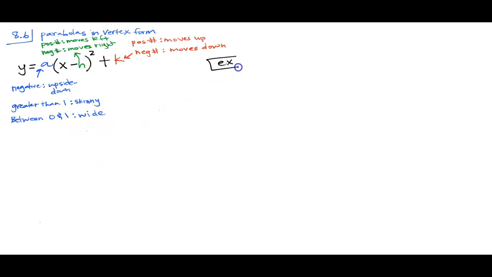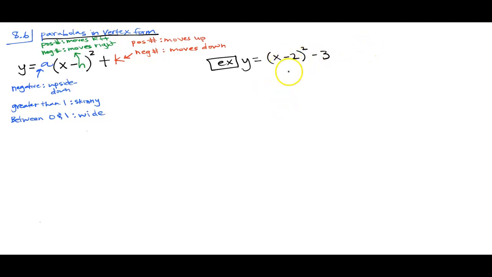So let's say that I have something that looks like this: y equals x minus 2 all squared, and then minus 3. So when I'm looking at this, remember we said that this is in vertex form. So that means it's really easy to pick out what the vertex is.